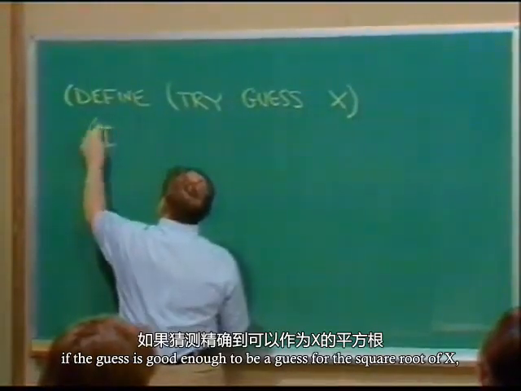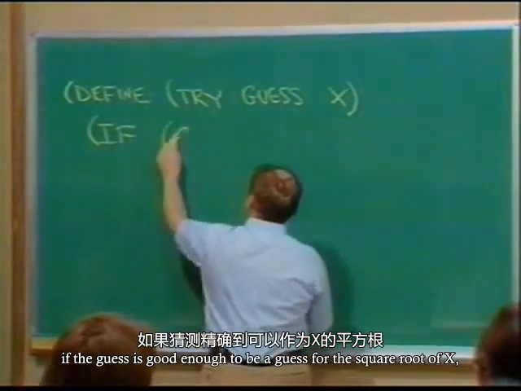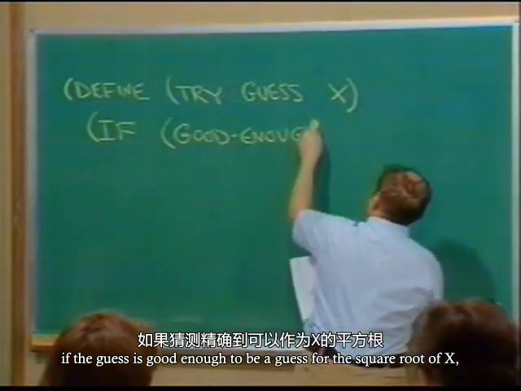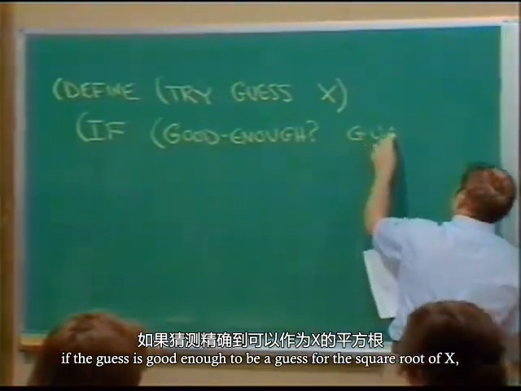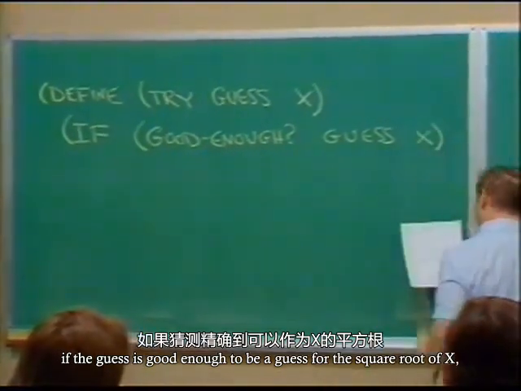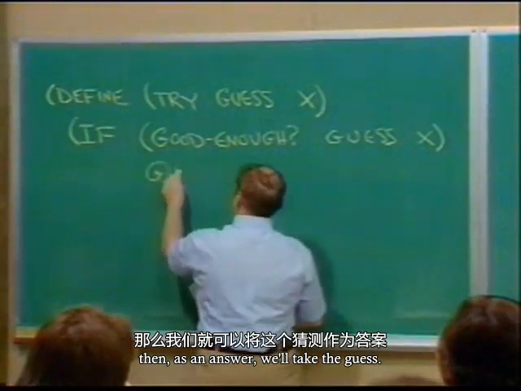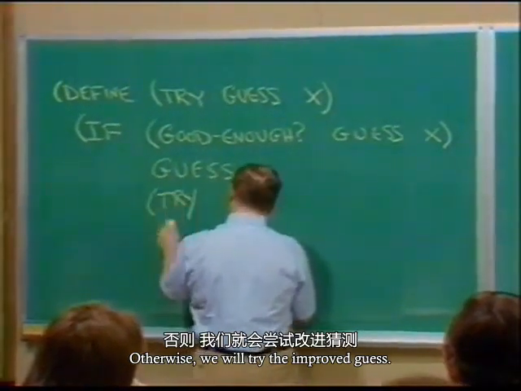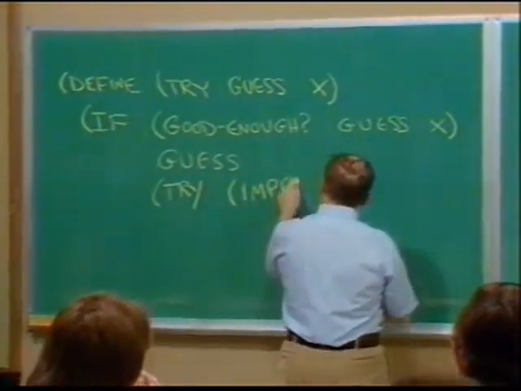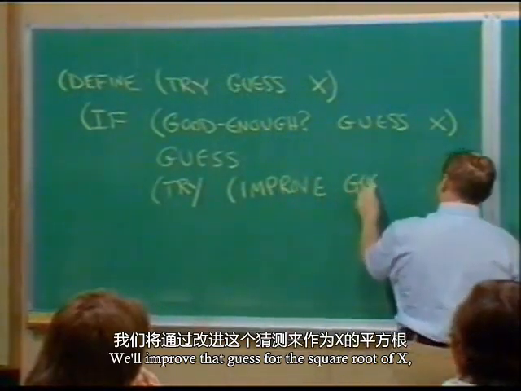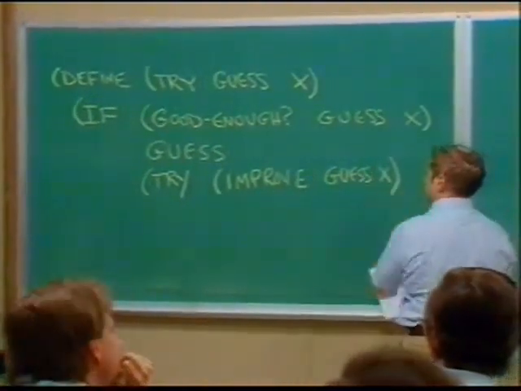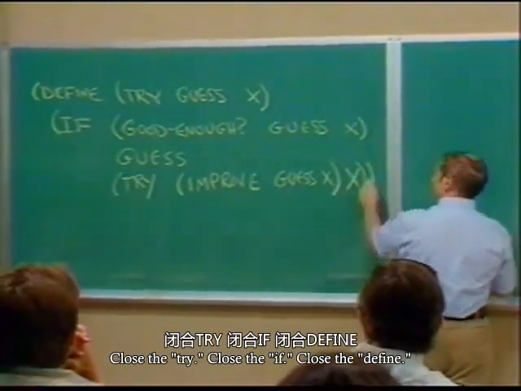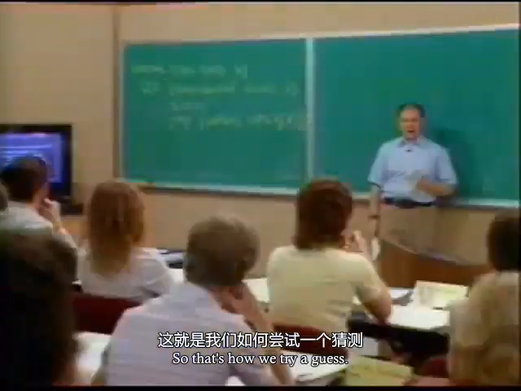We'll say if the guess is good enough to be a guess for the square root of x, then as an answer we'll take the guess. Otherwise, we will try the improved guess. We'll improve that guess for the square root of x, and we'll try that as a guess for the square root of x. So close the try, close the if, close the define. So that's how we try a guess.